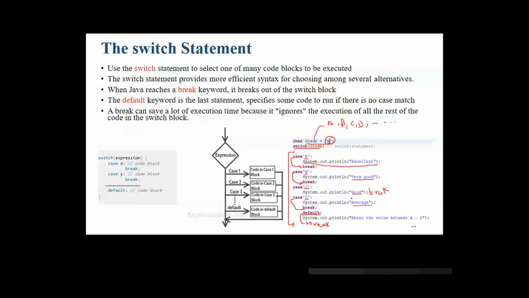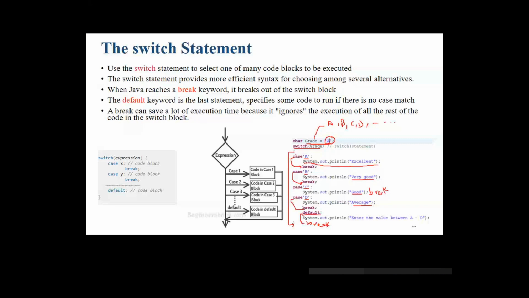And if the grade is F, for example, or other letters, it will print, enter a value between A and D. It'll give you an error message that the value is out of range, for example. This is a very simple example that explains how switch works.